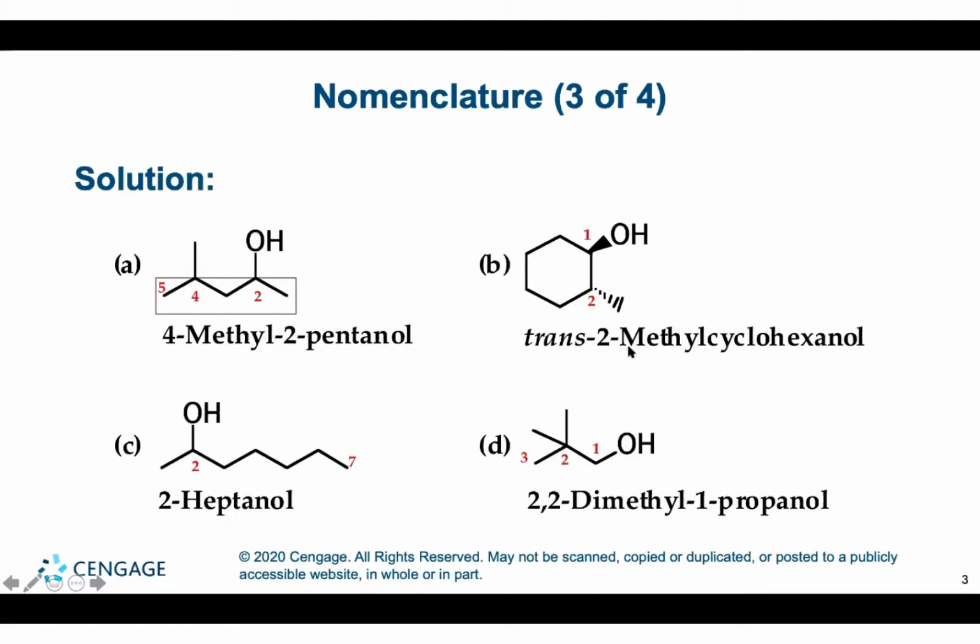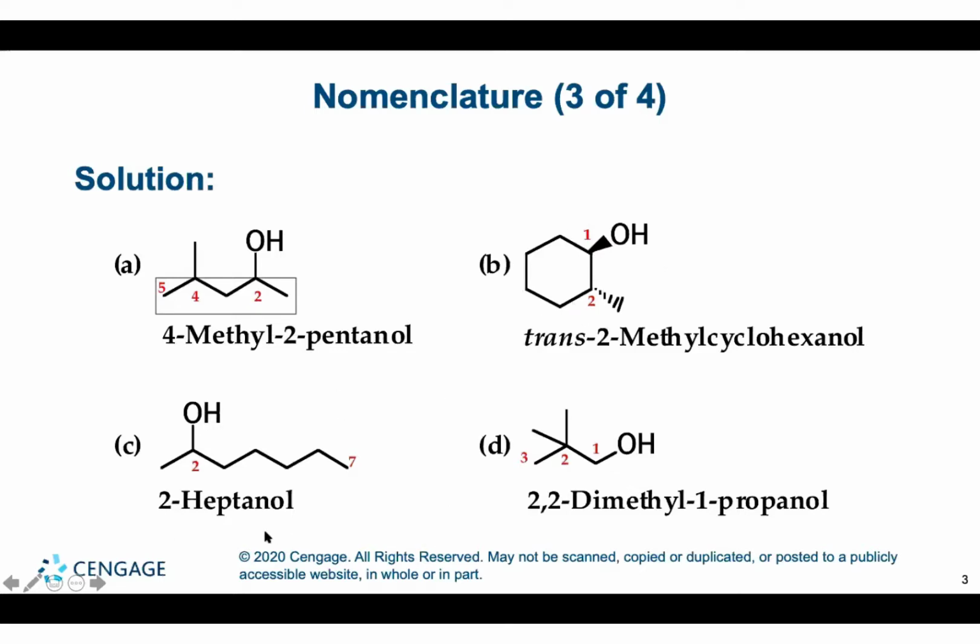It's going to be 2-methylcyclohexanol. Whenever we have a cyclo, we don't need to write the number for the OH, because we always start with the carbon that has the OH in the cyclo.